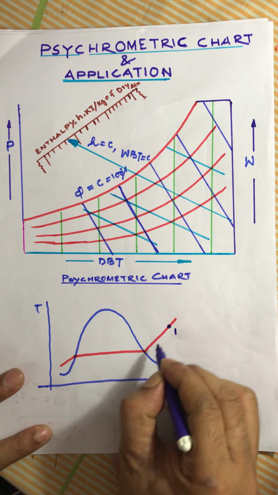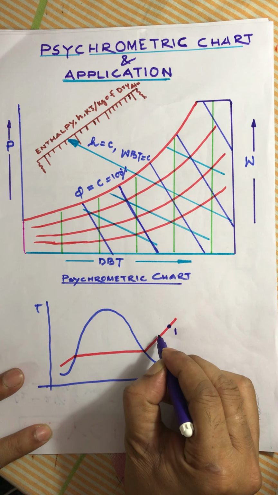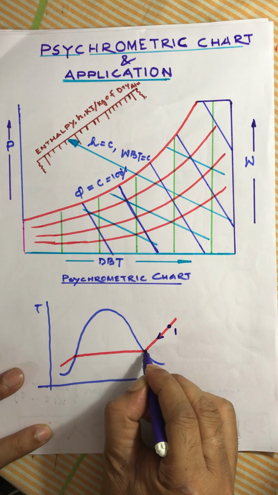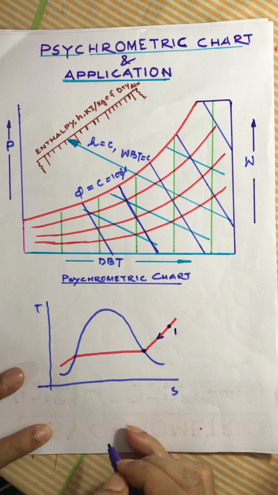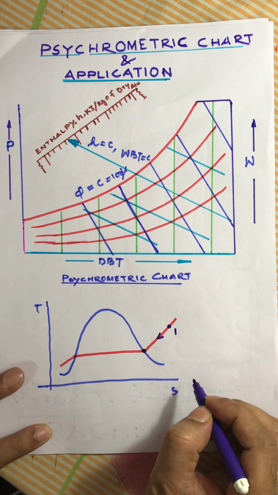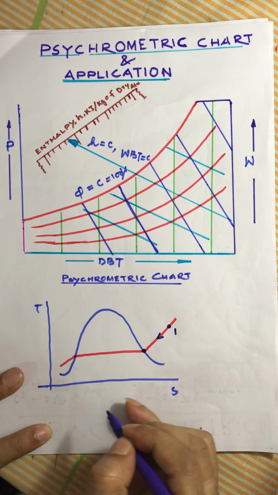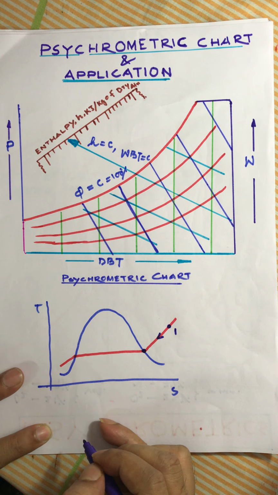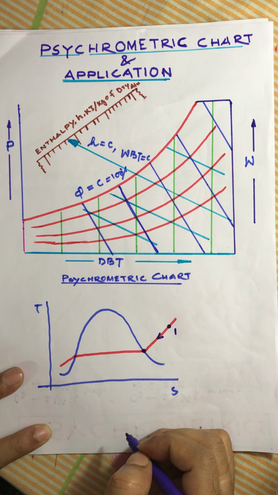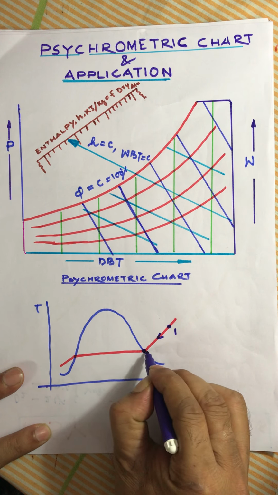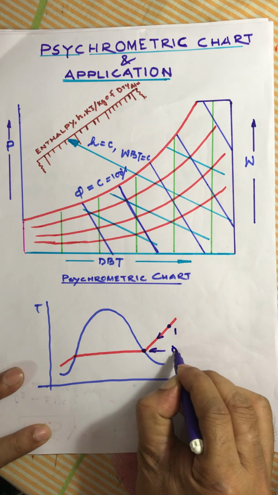If at constant pressure the temperature is going to decrease, and after a certain point it will reach here, that means, due to the temperature drop, the mixture becomes saturated, and at that point the water vapor starts condensation and dew will form. So, that is why this point is called dew point.